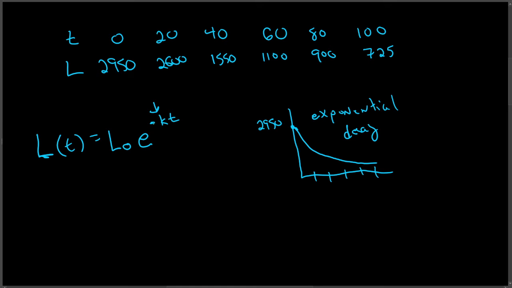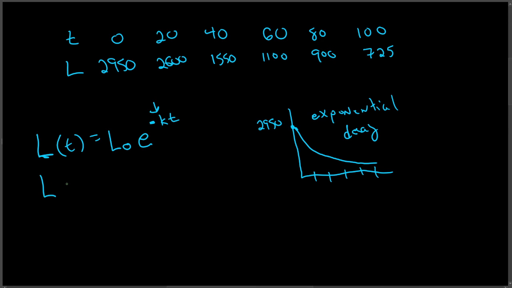If you don't, when you solve for the data, your value for k will pick up the negative sign. But since we're seeing exponential decay, we're going to use this model based off of the graph that we're seeing. So the two things that we tend to do is we look at what the data is doing. This is decaying over time, and so exponential decay tends to be our best fit.